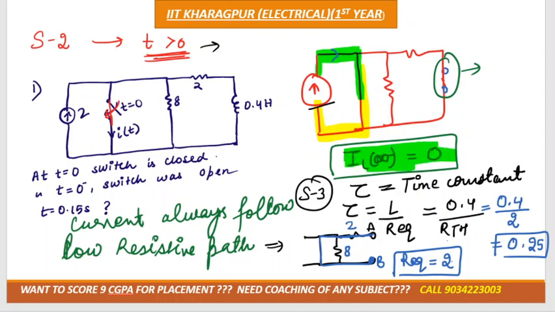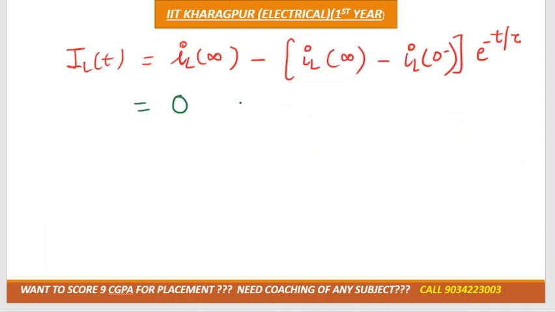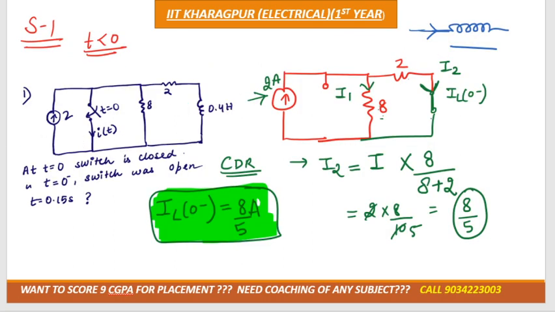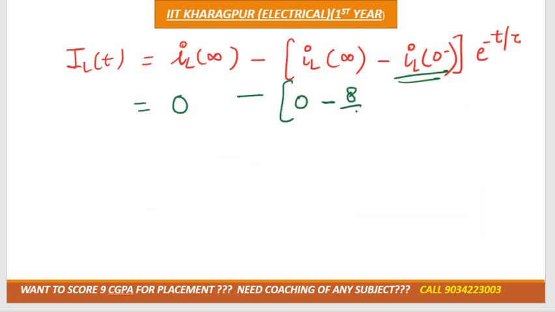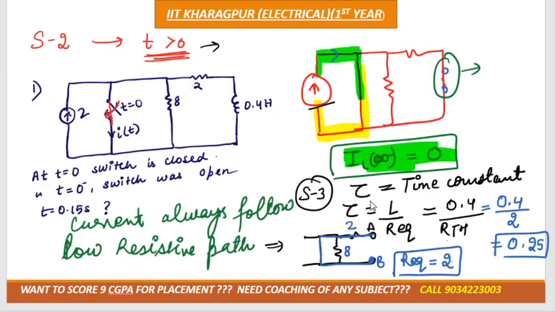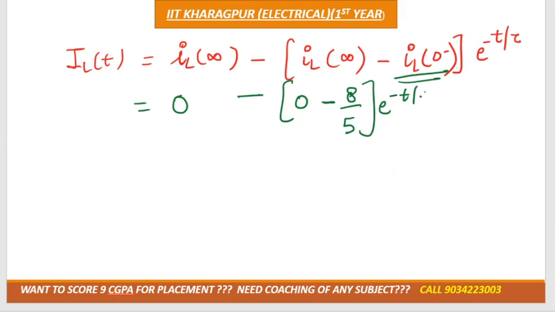That would be 0 minus 0 minus IL of 0 minus, how much we calculated? 8 by 5. It would be 8 by 5 e raised to power minus t by tau. Tau is 0.25. Correct? So minus and minus would be plus 8 by 5 e raised to power minus t divided by 0.25, right?